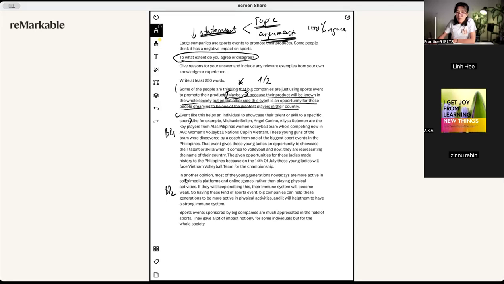Let's not look at the grammar problem. My question for you is: is it a topic sentence for this topic and for this argument? Do you think this topic sentence is appropriate for this topic?